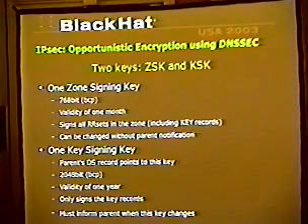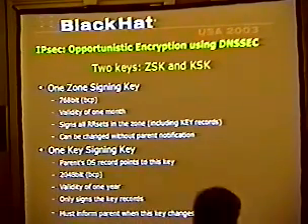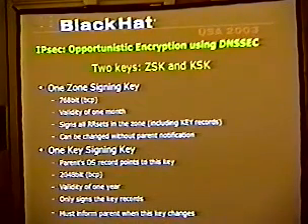So the way to fix this problem, limiting the interaction between parent and child, is to use two keys. One very strong key, which is the key signing key, and one key that you recycle more often, which is the zone signing key. The best current practice at this point is to use a 768-bit zone signing key and a 2048-bit key signing key, and use the DS record on the key signing key.